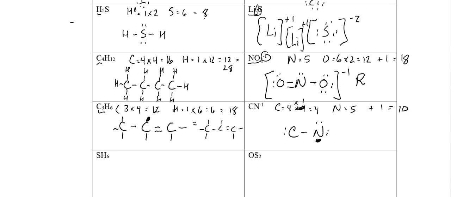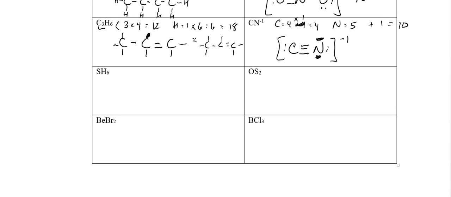Can't have that. 2, 4, 6. Can't have that. 2, 4, 6, 8. All right, so both of them have 8. Brackets, charge. Of course, once again, there is no resonance here because there is no other choice.